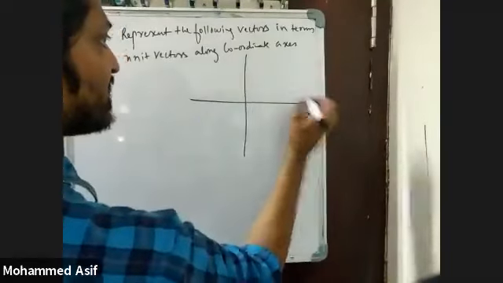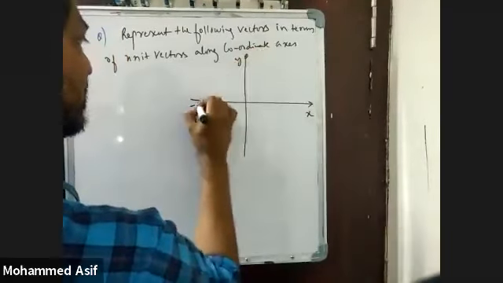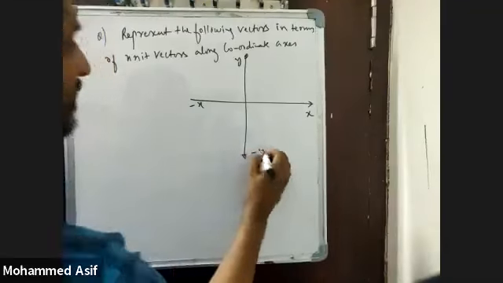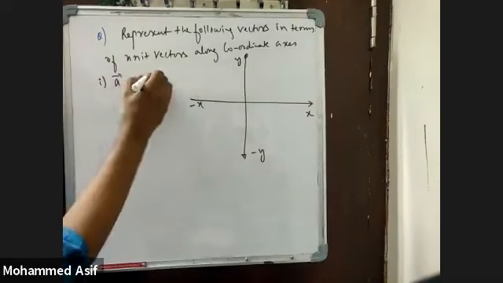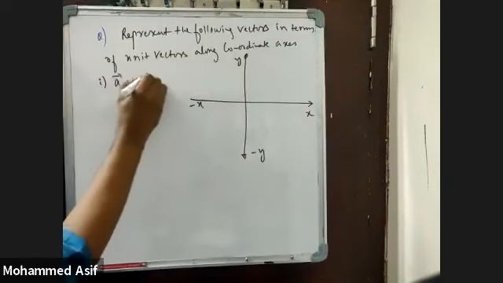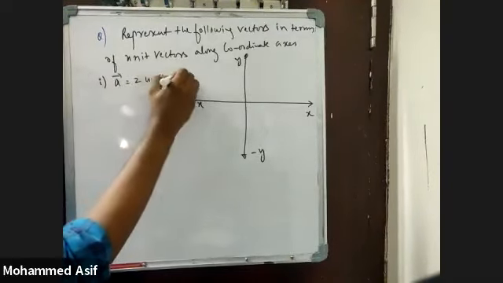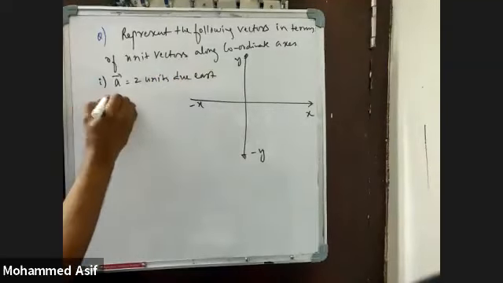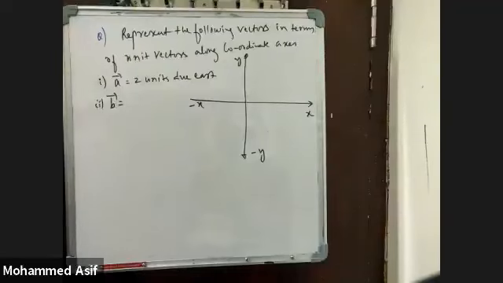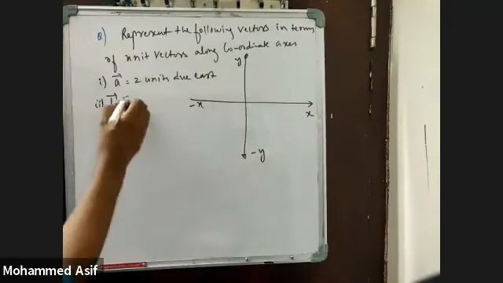This is a coordinate axis given. This is your x-axis, this is your y-axis, this is minus x, and this one is minus y. Question number 1: write it out. A bar is equal to 2 units due east. Second, B bar is equal to 3 units due north.